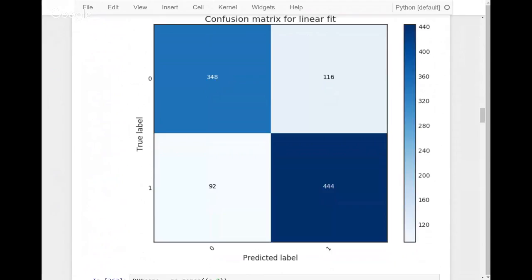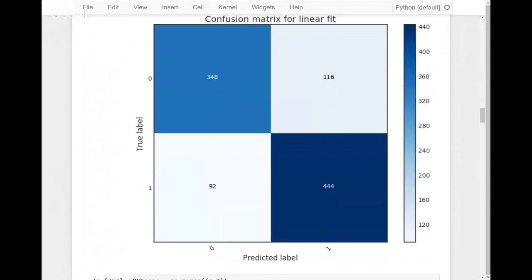If we look at the confusion matrix, there are quite a few errors. If the predicted label is positive and it's a false positive, there are 116 of those. I sampled 1,000 of these, so that's over 10%, 11 or 12% of them are false positives, and almost 10% are false negatives.